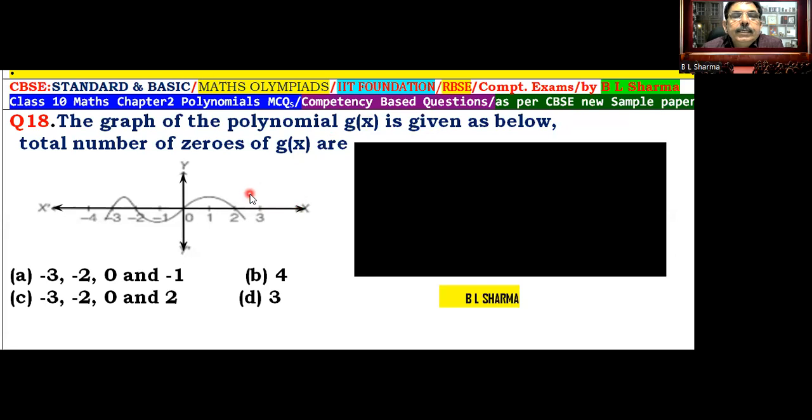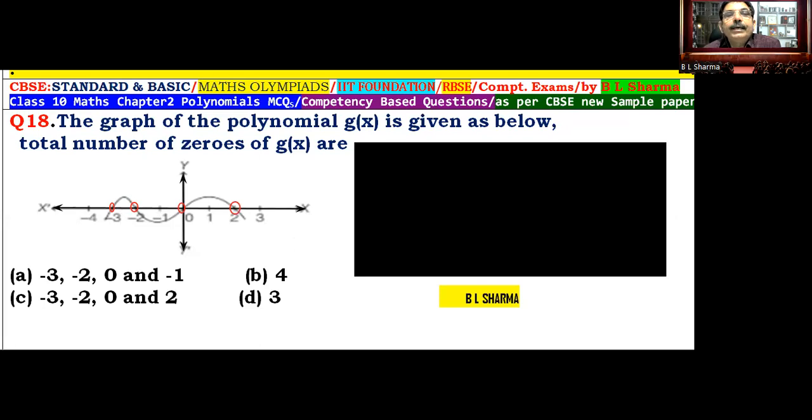So here the question is how many zeros are there. For this we have to see at how many points the graph is intersecting the x axis. Here is one point where the graph intersects, this is 1 point, and 2 point, and this is 3rd point and this is 4th point.